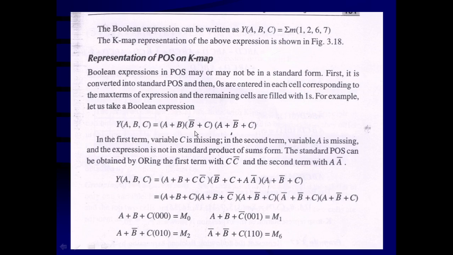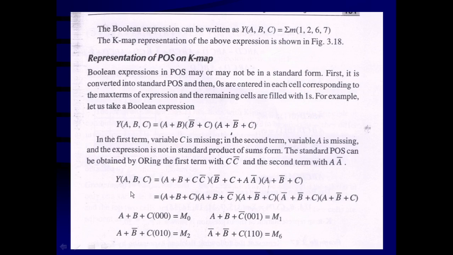So first we convert it into the standard product of sums form, or canonical product of sums form. In the first term, the variable C is missing. In the second term, the variable A is missing. The standard product of sums form can be obtained by ORing the first term with C C bar and the second term with A A bar.